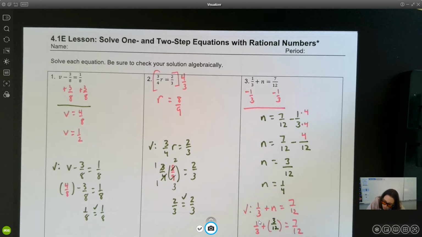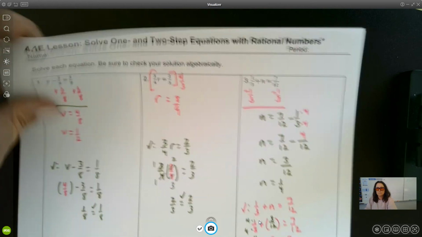So I'm going to put 12 here plus 3/12 here. This would need a 4. I've got 7/12 on this side equals 7/12 on this side. Checks.